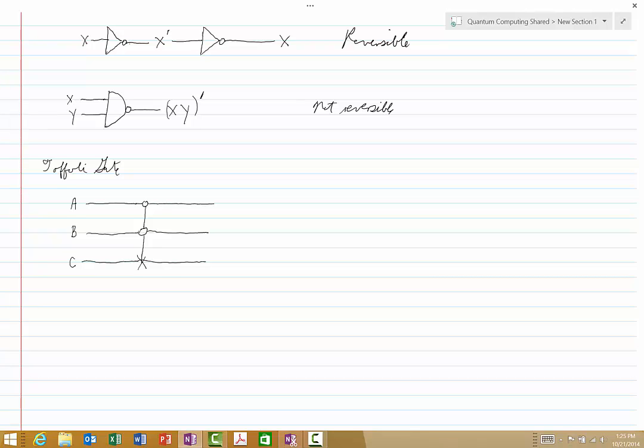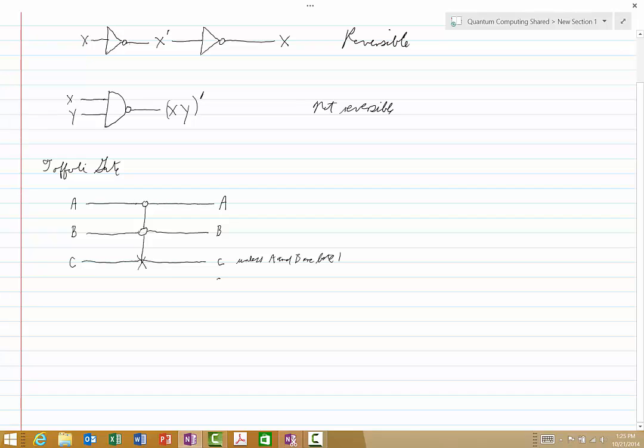And the way that it's supposed to work is that the first bit A will remain unchanged, the second bit B will remain unchanged, and the last bit will be C, unless A and B are both 1.